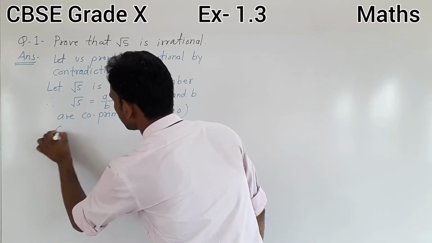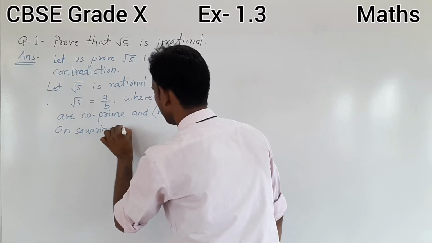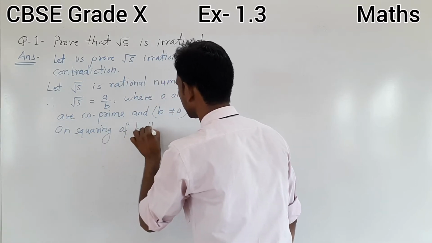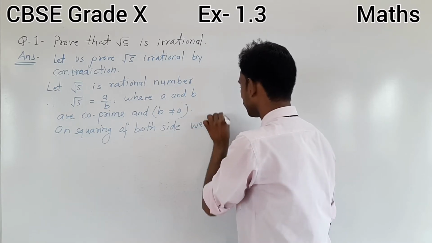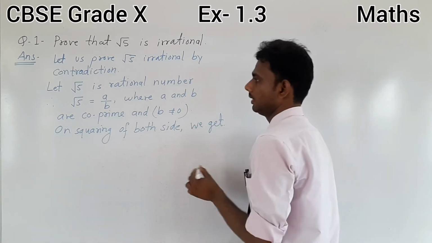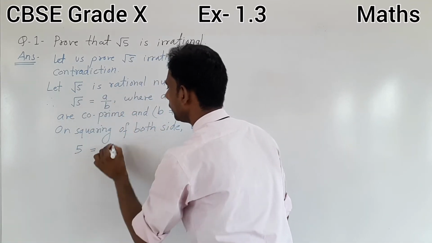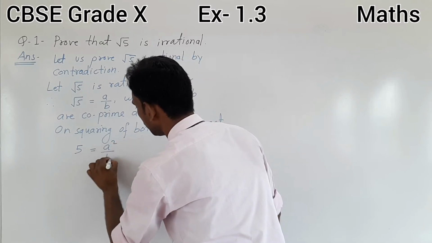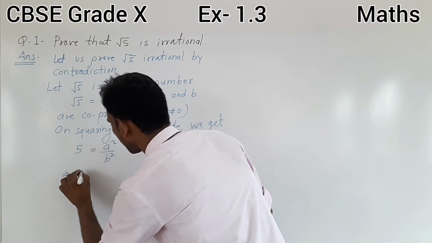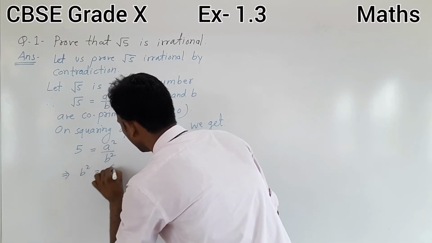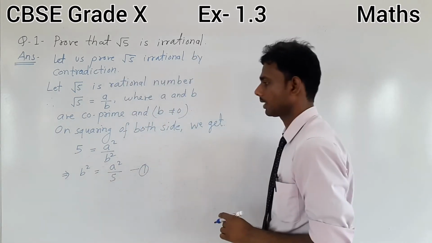Now on squaring both sides, we get root 5 square, 5, equal to a by b whole square, a square upon b square. This will imply that b square equals a square upon 5. This is equation number 1.